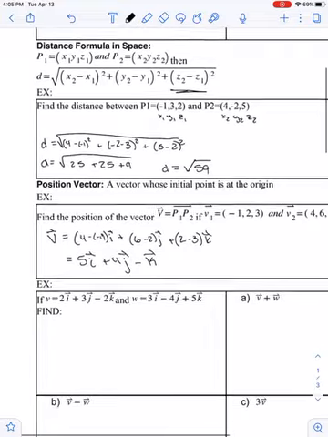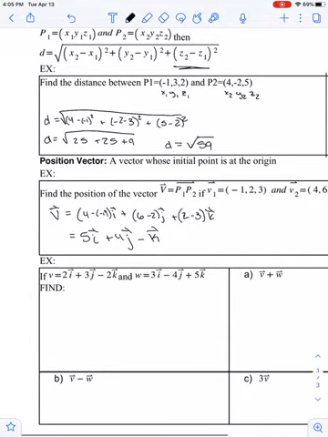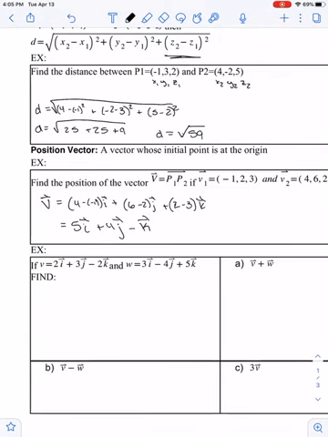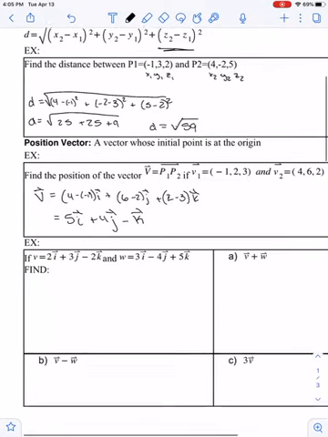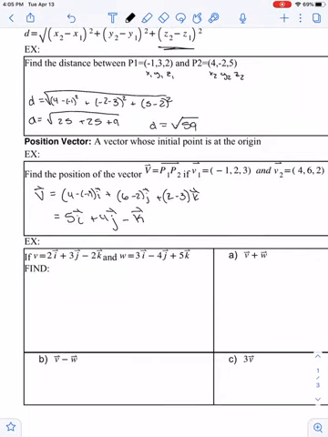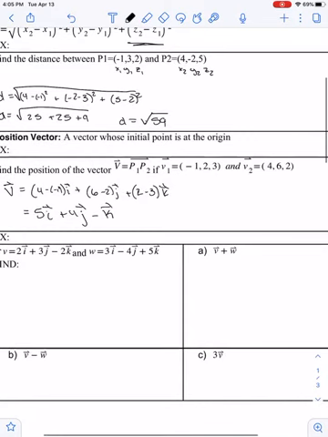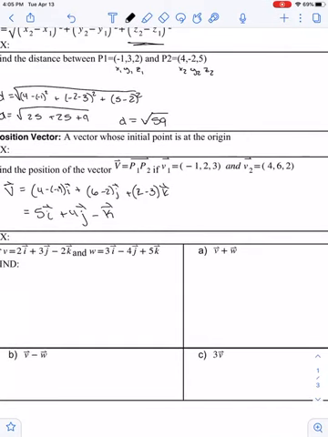Alright. Next, we will be finding v plus w, v minus w. Again, applying those same rules from before, just now with three variables. So let's start with v plus w. So add the i's together. So 2 plus 3i.